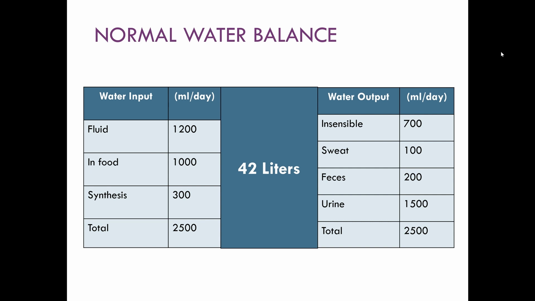So what do you observe from this slide? Whatever you take, any excess will also be excreted, meaning you just have to maintain the 42 liters needed by your body. This is the amount of water you need. Anything in excess will be excreted. That is now your normal water balance.